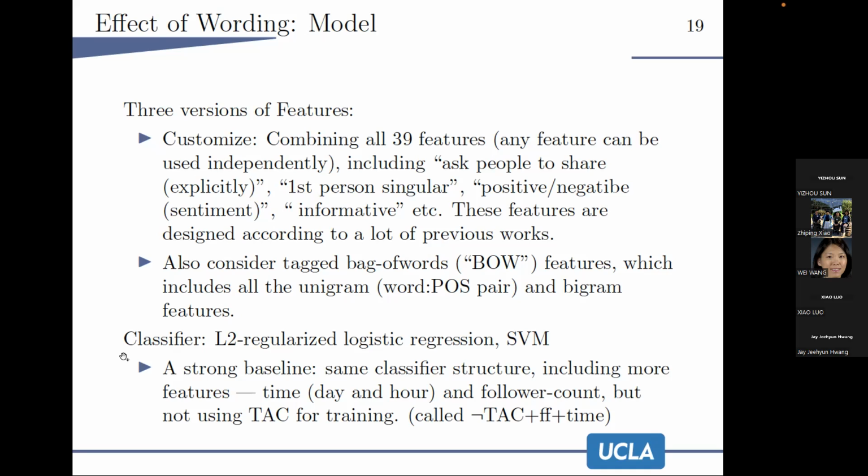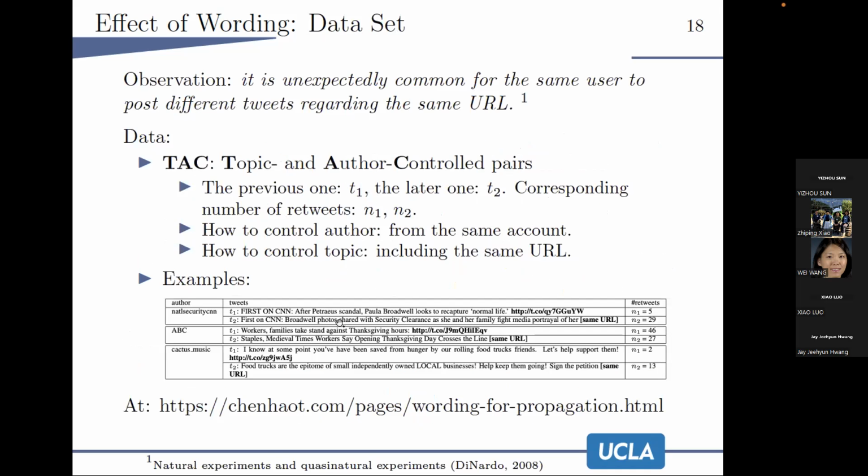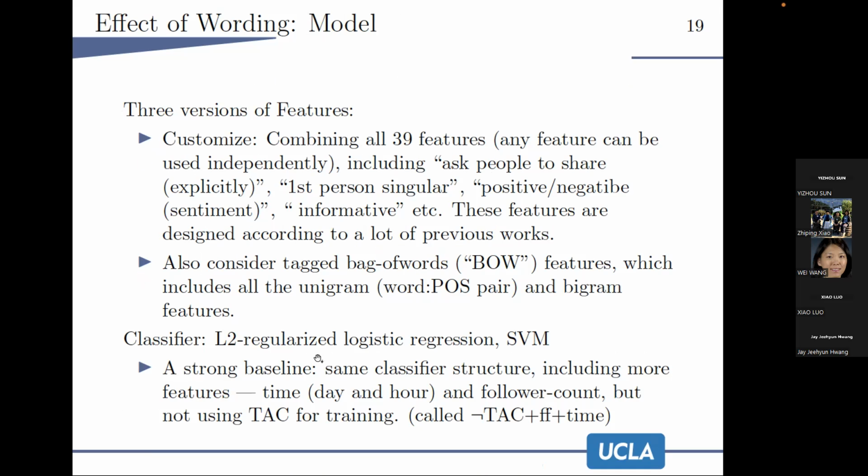Also, as we can see, they have a lot of TAC pairs, the topic and author controlled pairs. So they definitely have a classifier to tell which one is more popular than another one. To be more specific, it is trying to tell which version of the tweet gets more retweets.